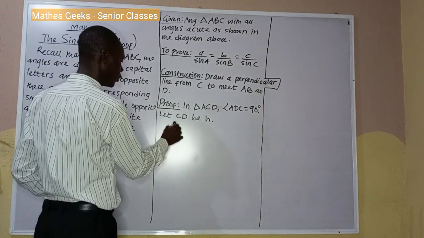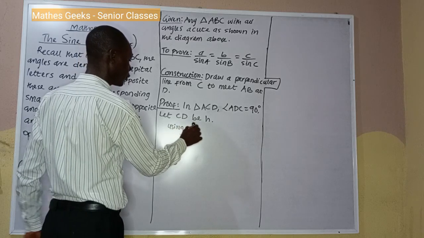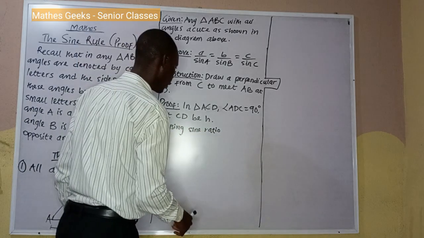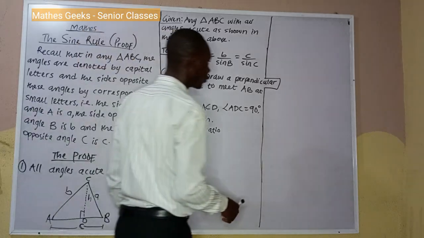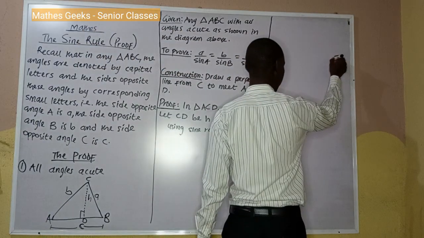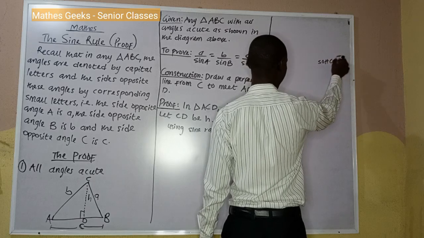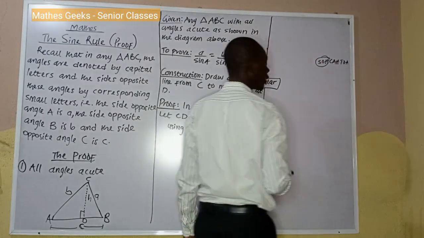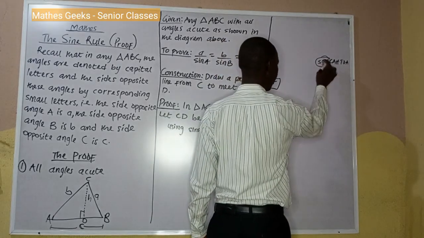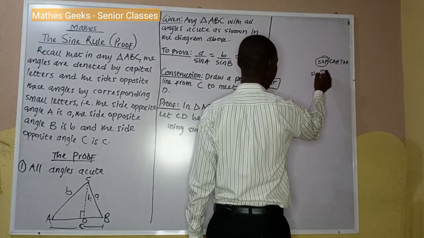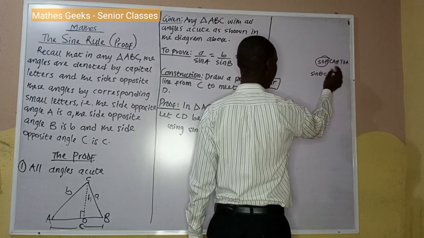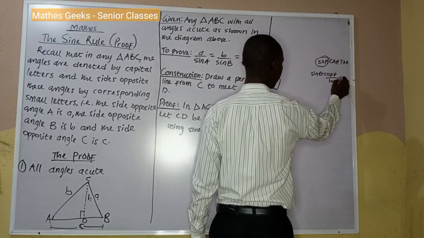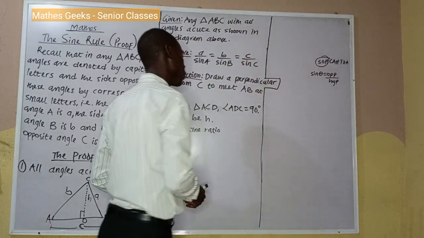Using the sine ratio, from our trigonometric ratios of a triangle, we know from SOHCAHTOA that SO is the sine ratio: sine of the angle is equal to the opposite over the hypotenuse.